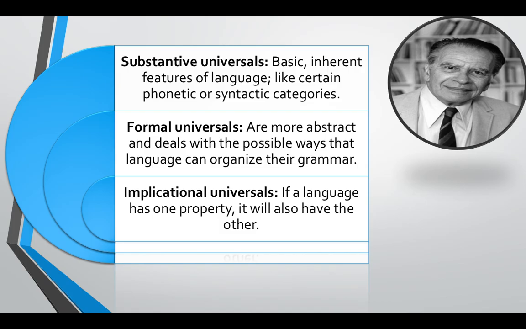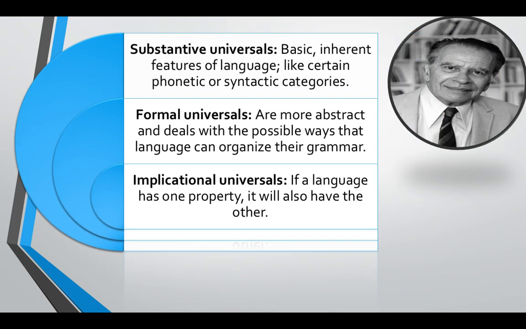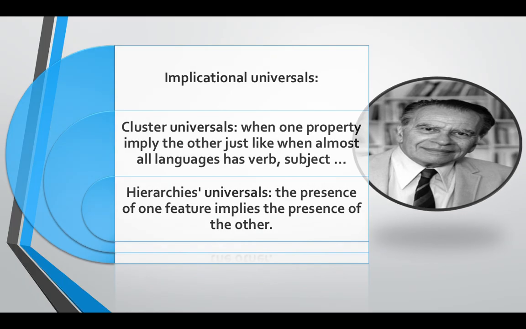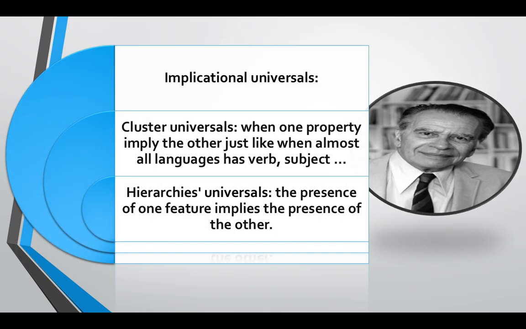When it comes to the implicational universals, this means that we have to examine its types. So it has two types: cluster and hierarchical, or hierarchies. So cluster universal is when one property implies the other, just like when almost all languages have verb, subject, object, the parts of speech, for example. While the hierarchical universals, when the presence of one feature of the language implies the presence of the other.